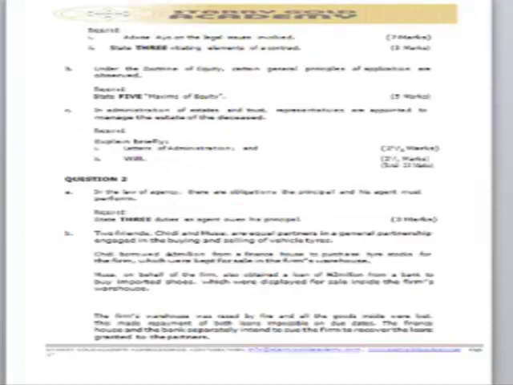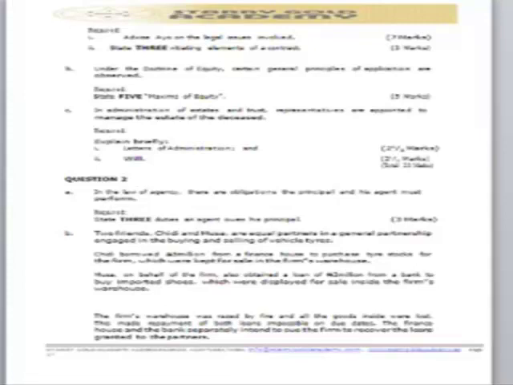Let me use this to explain. You see, there are two friends, Chidi and Musa. They are equal partners. That means they are general partners, engaged in buying and selling of vehicle tires. That is their work, that is what the firm is doing.